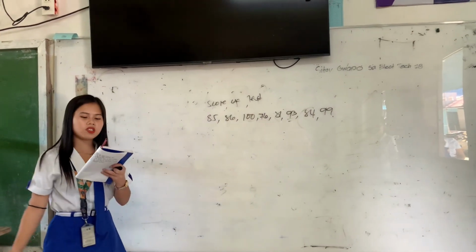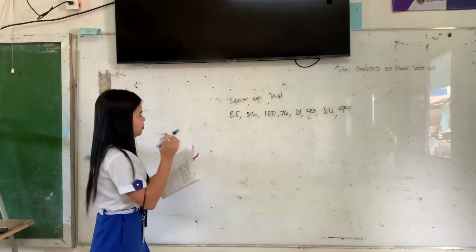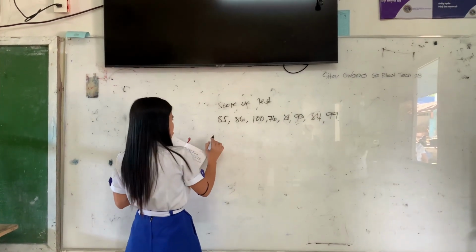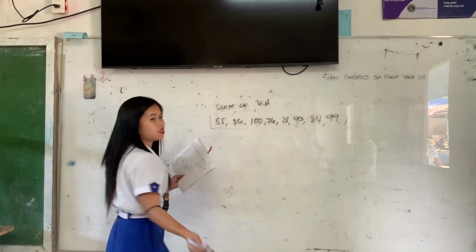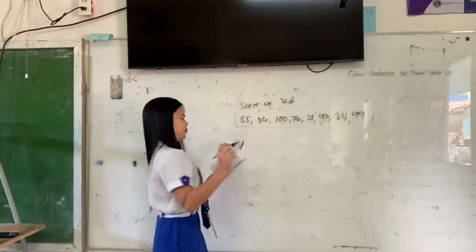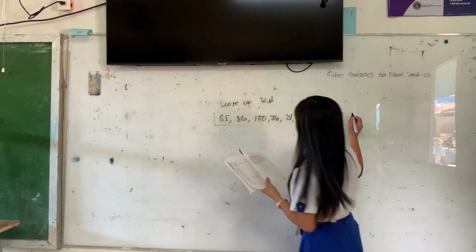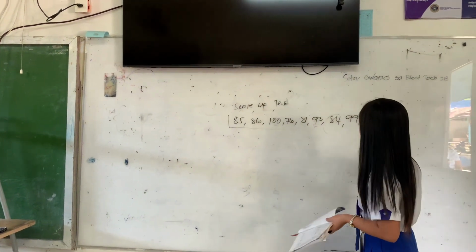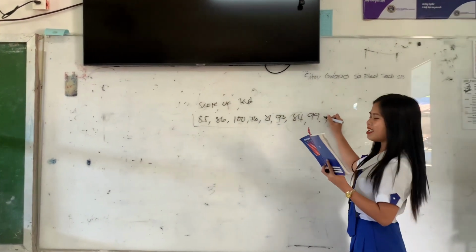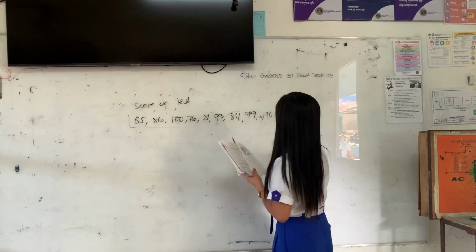So, first step, we will compute the sample mean. So add all the data set for us to be able to get the mean. So 85 plus 86 plus 100 plus 76 plus 81 plus 93 plus 84 plus 99 is equal to 704.